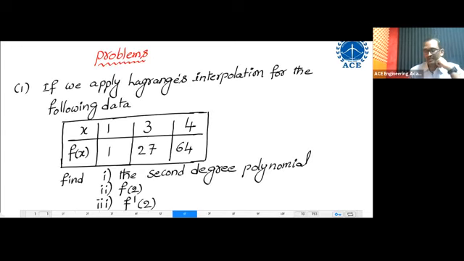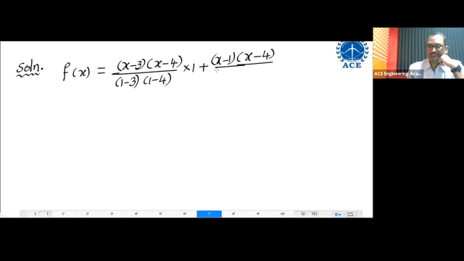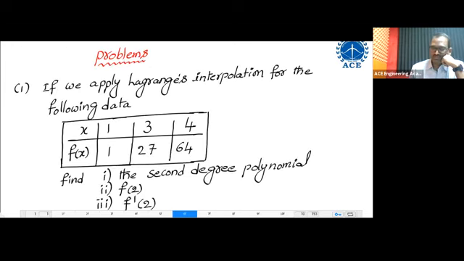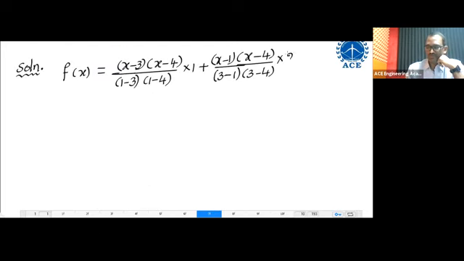So the denominator should be second term minus first term into second term minus third term: 3 minus 1 into 3 minus 4. You are writing the second term, no? So you need to write the second term's y value. That is 27.